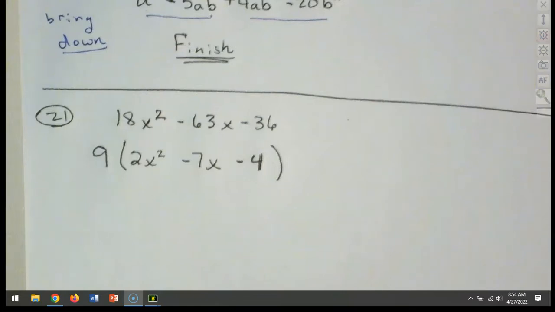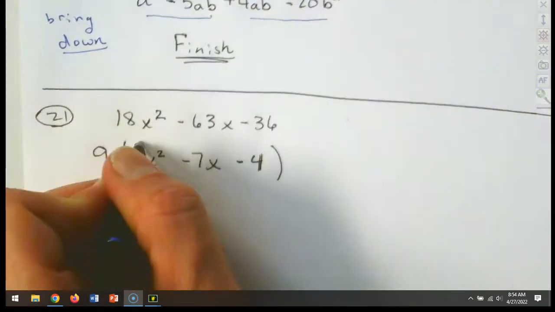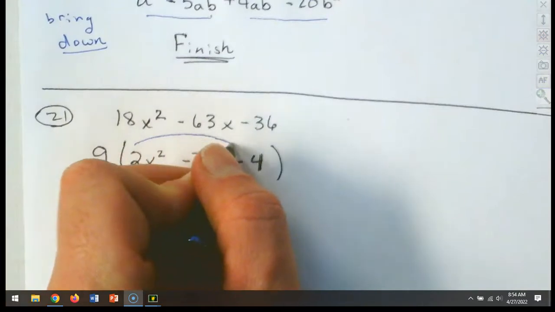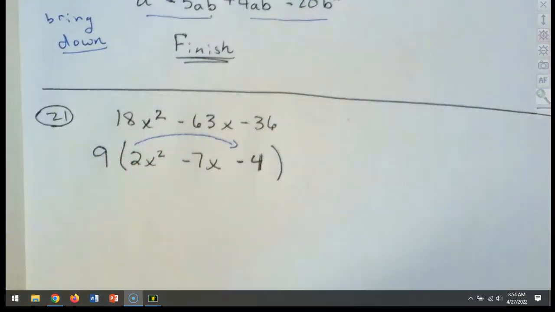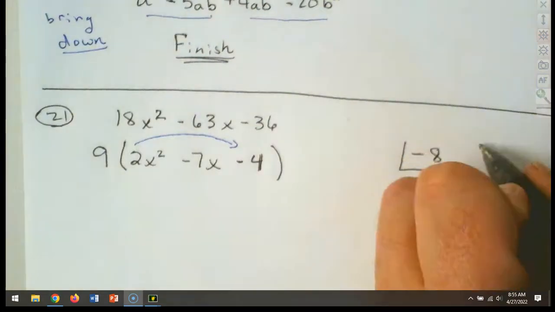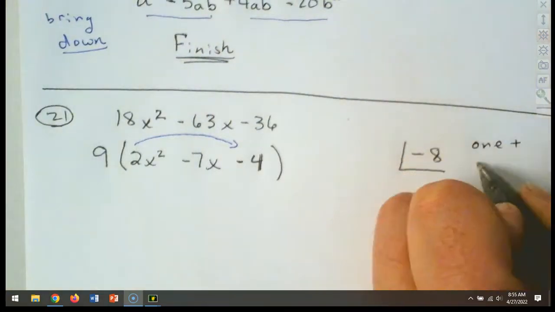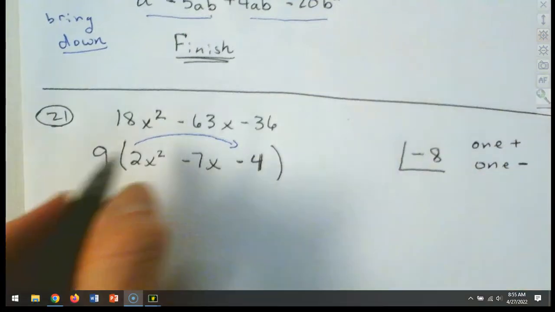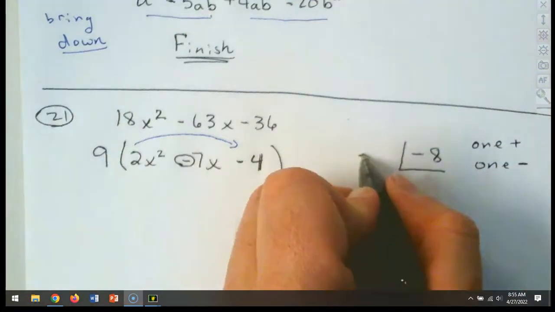So again, I'm going to work it out to this point where you can use factor by grouping. So I'll do one more step. We're going to take the first times the last. 2 times negative 4, that's a negative 8. So that tells me that one number is positive, one number is negative, and the sign in the middle is negative.